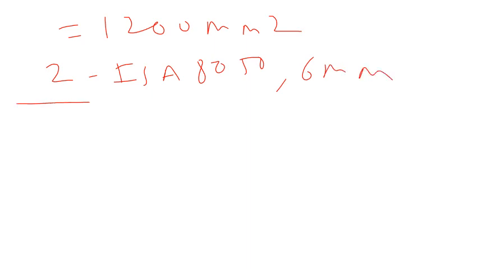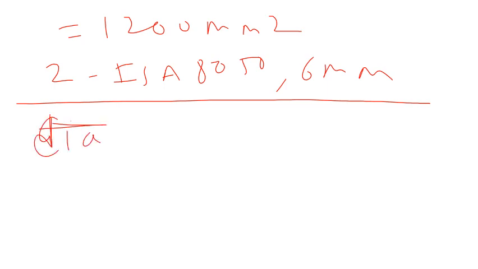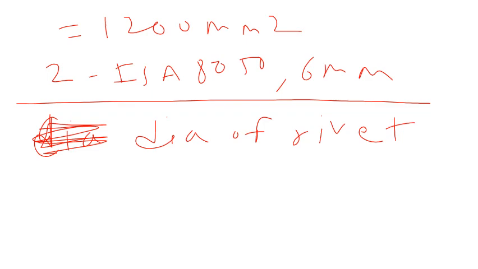Now we will do little different thing, or it is done in the book, so I am just forwarding it. So choose the diameter of the rivet. So earlier in part 1 we choose that 20, let's choose it here 16 mm.